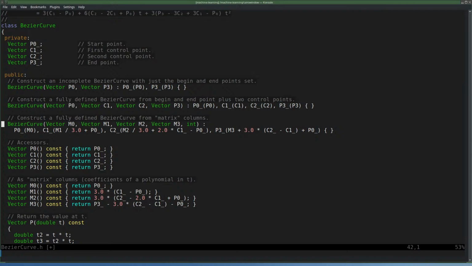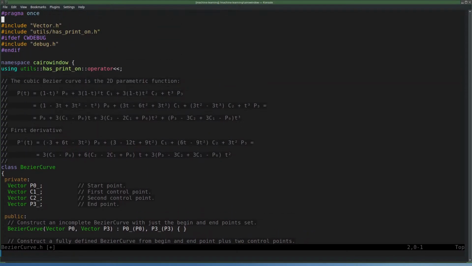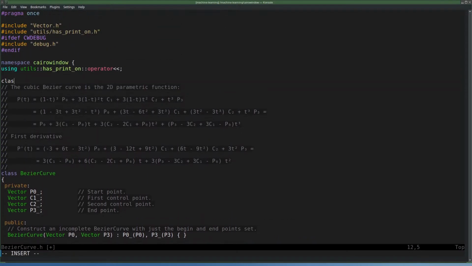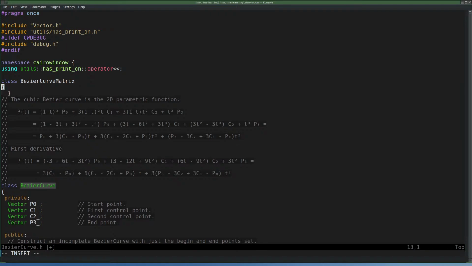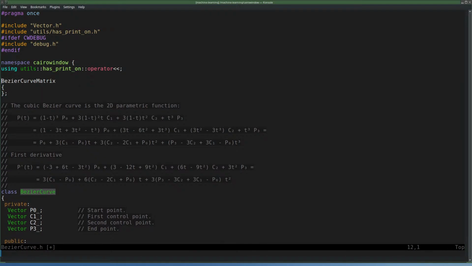I would have to change a lot of code if I want to start using a real matrix object here for the Bezier curve. But the right way is the long way. Gotta make it destructive.